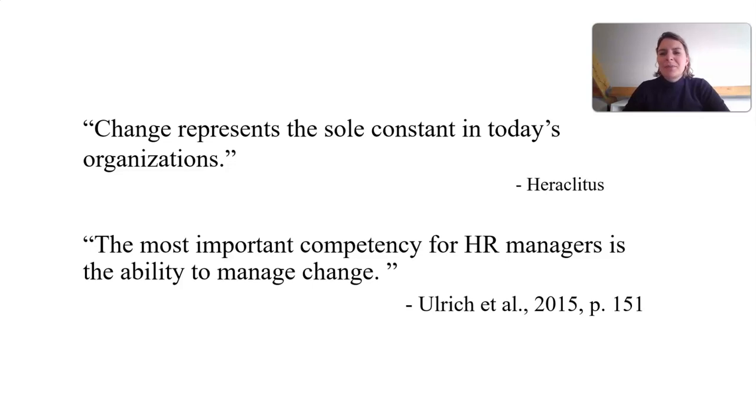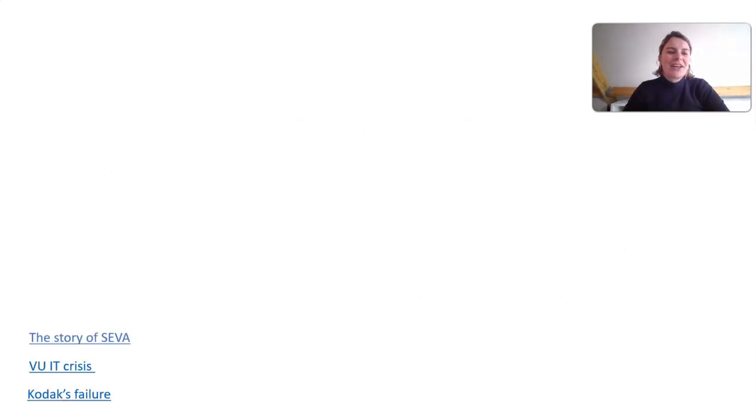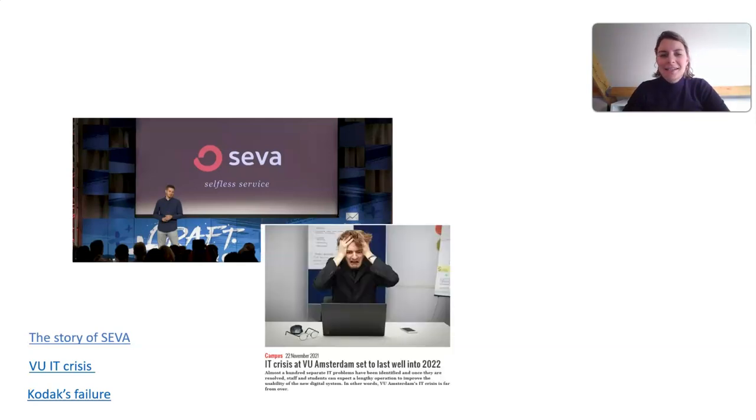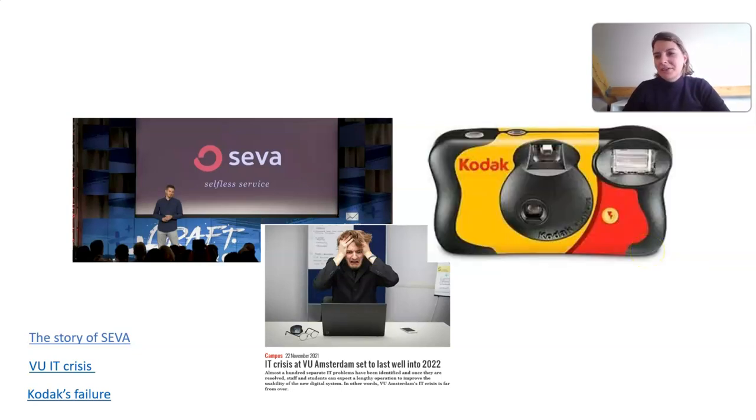So let me illustrate the importance of leaders' abilities to effectively manage change by showing you some failures of changes in organizations. So here are 3 examples. The story of Seva, the actually closer to home VU IT crisis that we had here a couple of years ago, and finally a classic example of Kodak's failure to initiate changes.